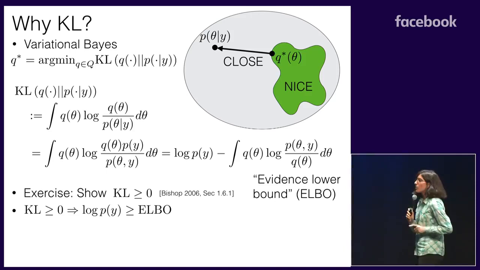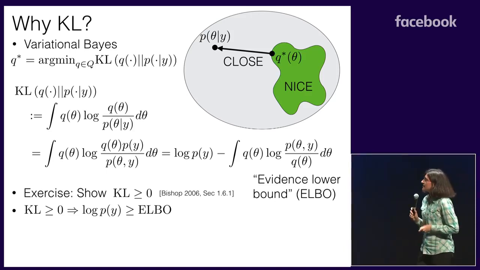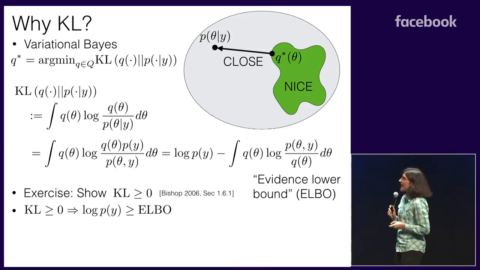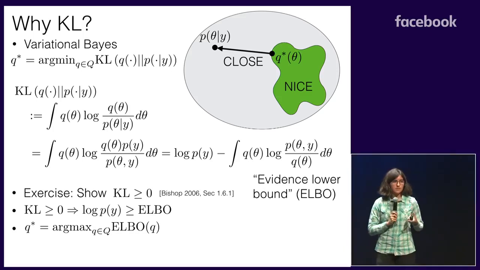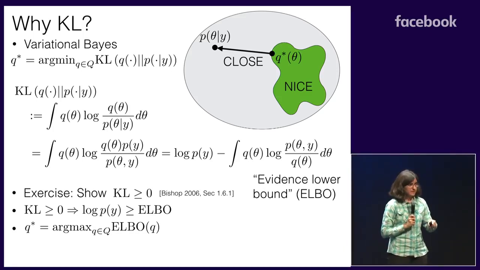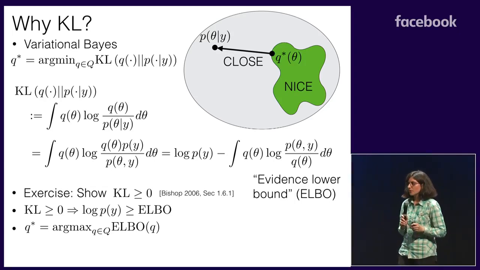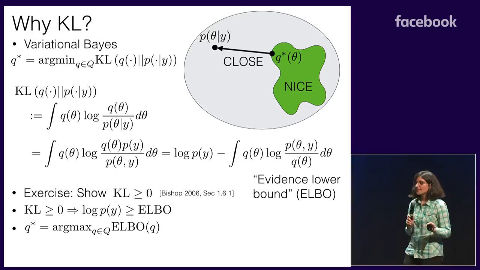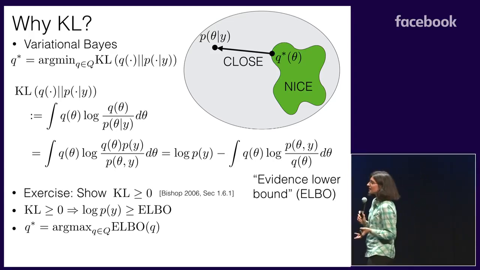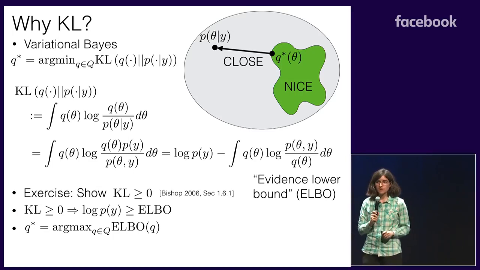Okay, but the really important point here is that minimizing the KL, finding Q star to be the minimizer of the KL, is exactly equivalent to finding Q star to be the maximizer of the ELBO. We didn't make any approximations. This is essentially the exact same problem, at least in terms of the Q star that we get out in the end.